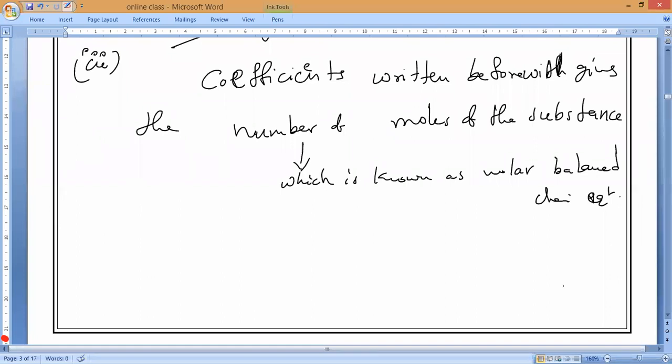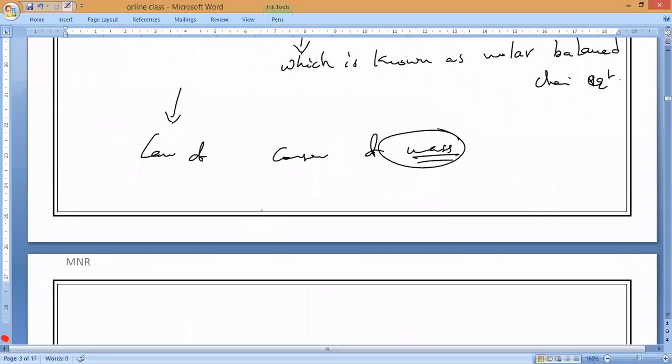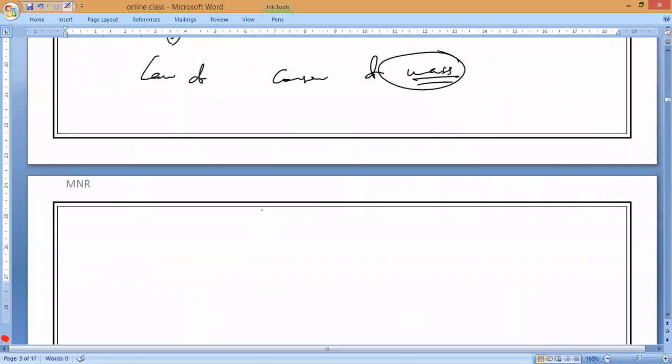Majorly, this is the number of moles, which law will it satisfy? Law of conservation of mass. So the mass of reactants is equal to the mass of products. Understand?